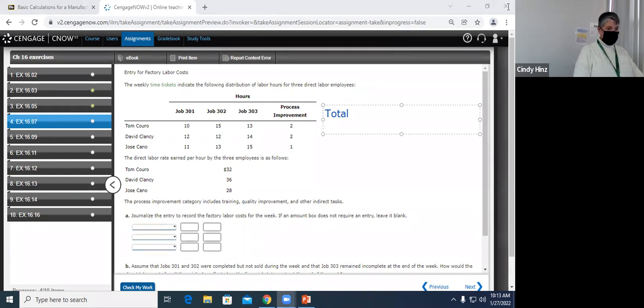Tom worked 40 at least. Whoops. Tom worked 40. How about David? David also worked 40 hours. And so did Jose. They each are paid $32, $36, and $28 total.